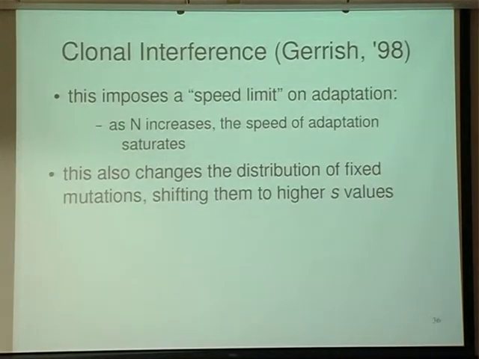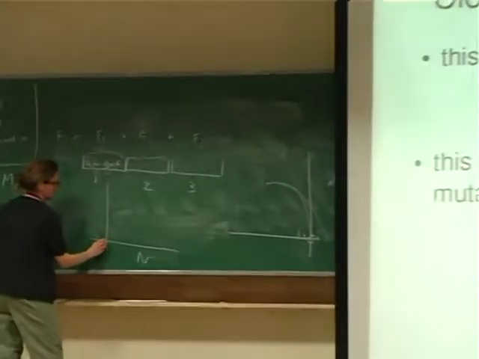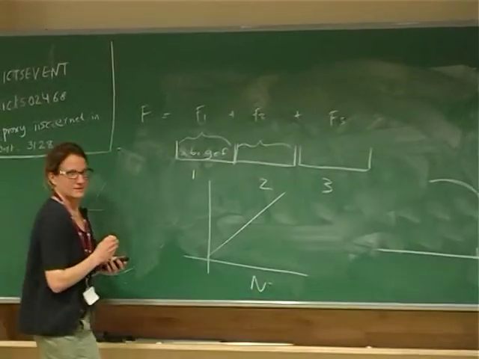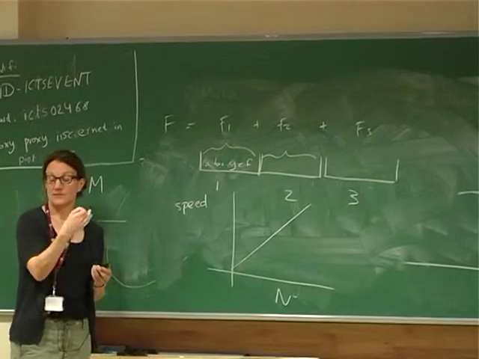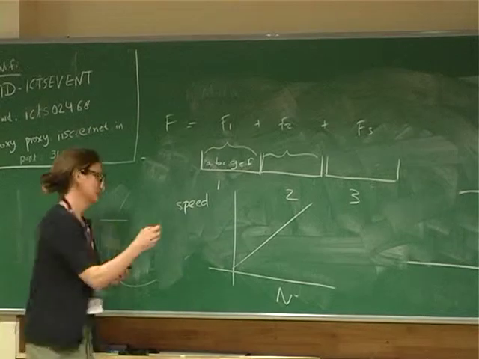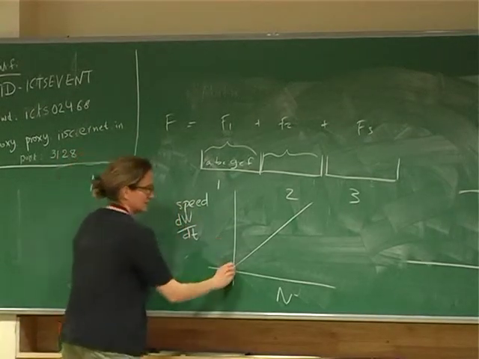The speed of adaptation will saturate, by which I mean as we increase the population size, instead of seeing the speed of adaptation, which is how rapidly the fitness changes, keep growing, we see this.